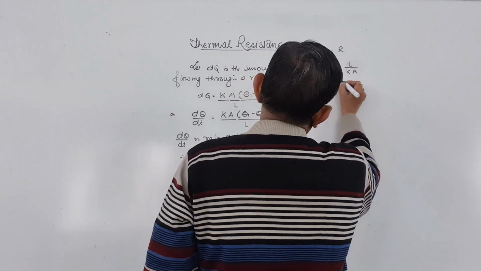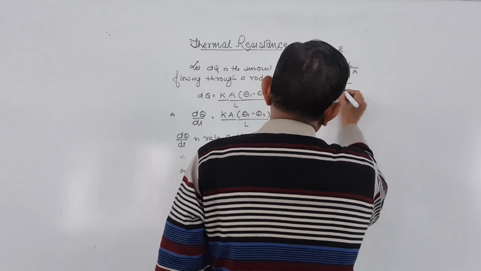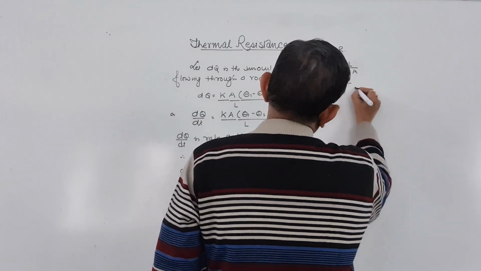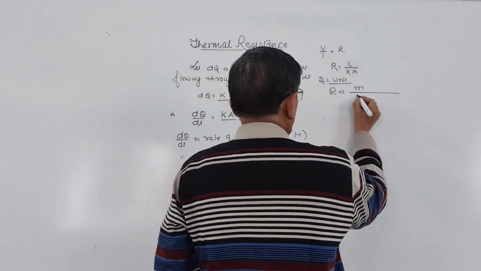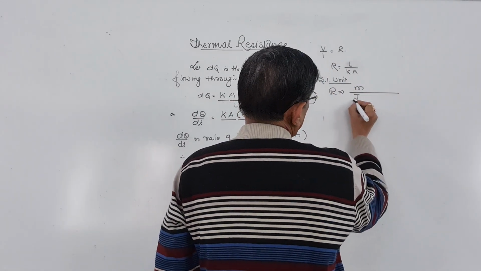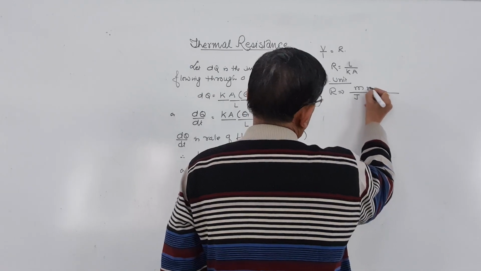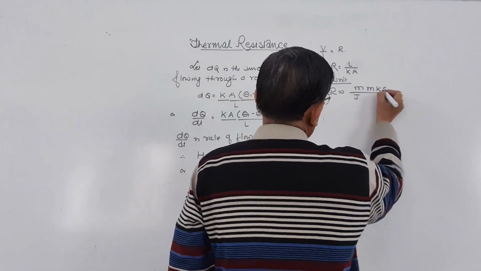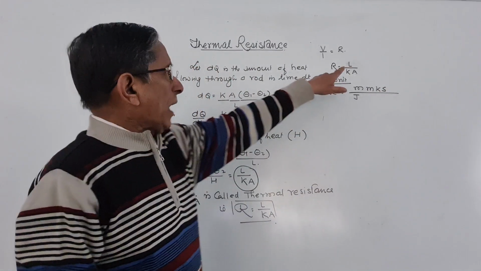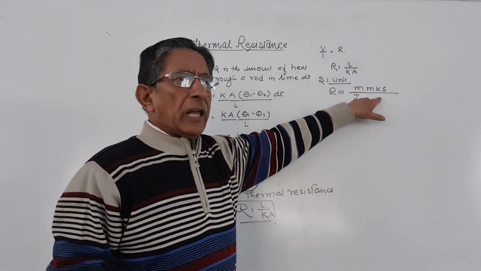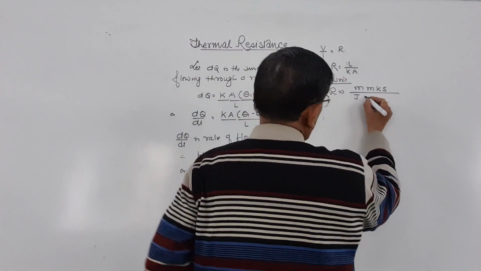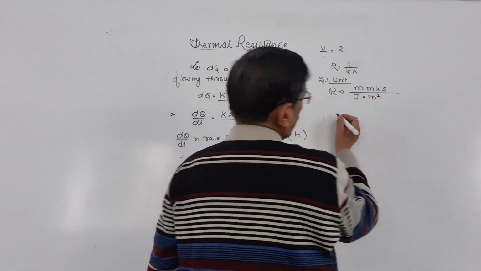SI unit. The unit of length is meter. The unit of K, as I have just told you, is joule per meter Kelvin second. Area is meter squared.